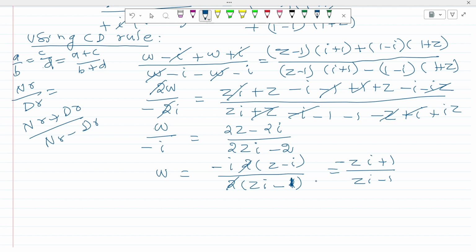No, up to that it is correct. 2Z minus 2I, that is correct. 2I Z minus 2 is there. Minus of W by I also correct.